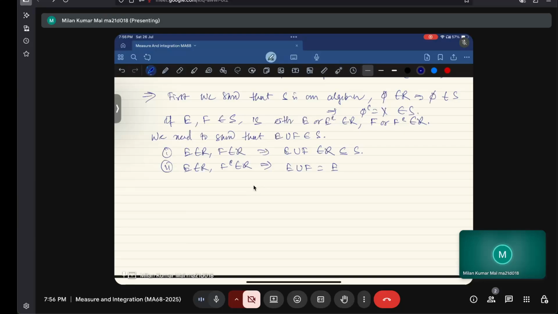E union F can be written as... no. This is E, this is F. I have to show the full thing is there. Initially it gives that E is there and F complement is there. So how can I write it?